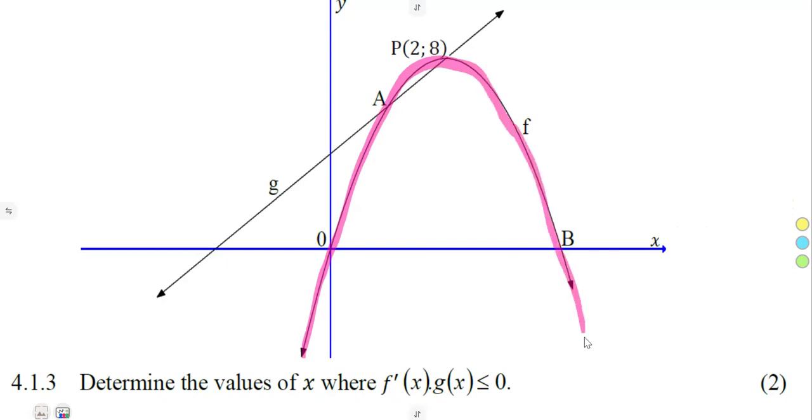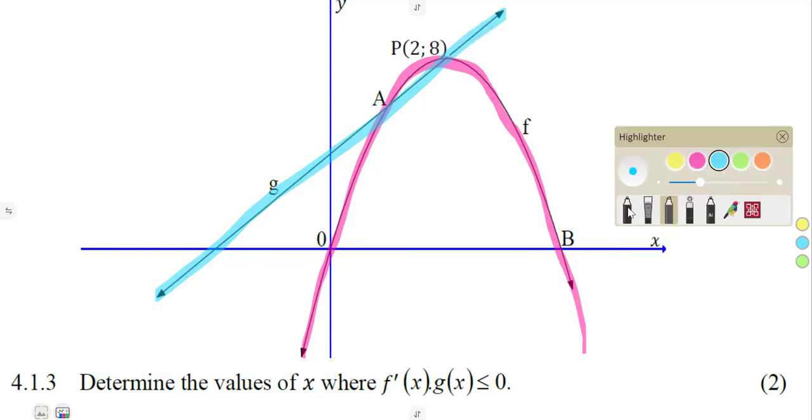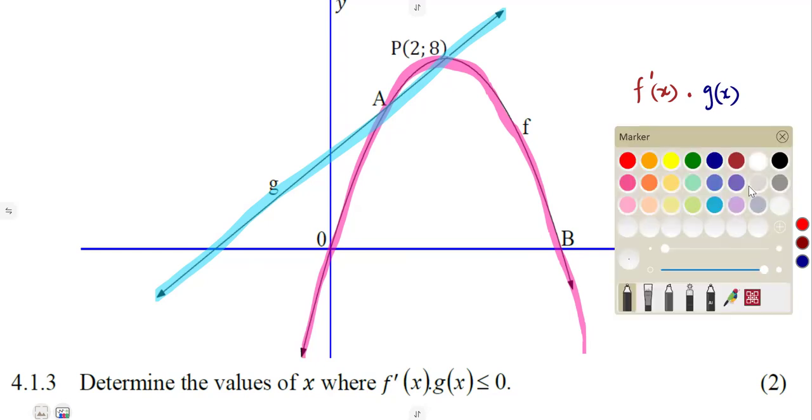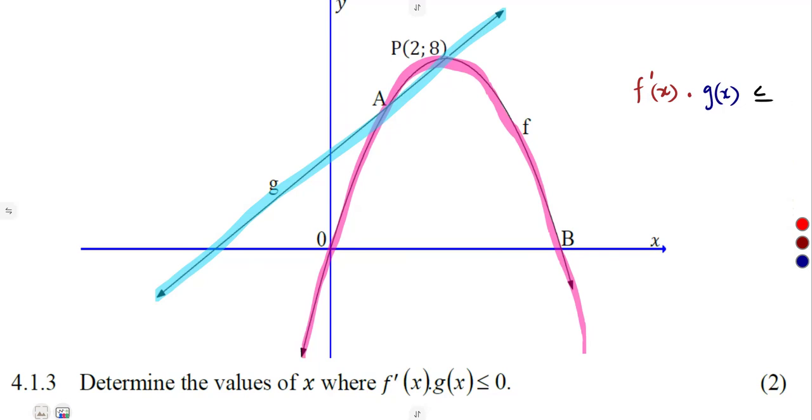Then our g, it is the linear function, the straight line. This is our g. So they are saying we must determine the values of x where the first derivative of f times gx is less than or equal to 0.